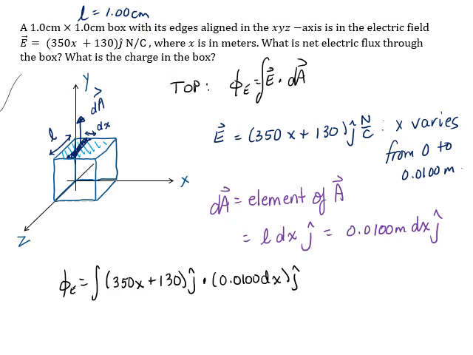Let's multiply our 0.01 into both terms. So that's the integral of 3.50x plus 1.30 j hat dotted with dx times j hat.